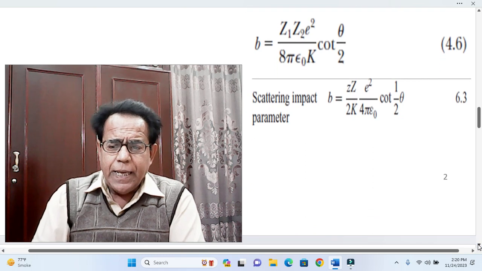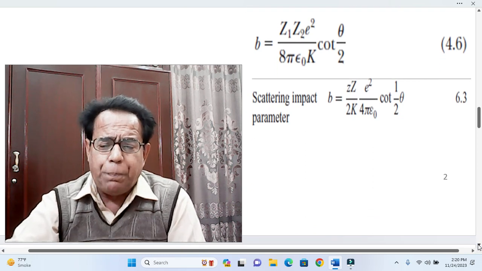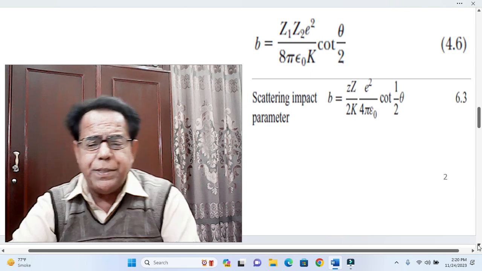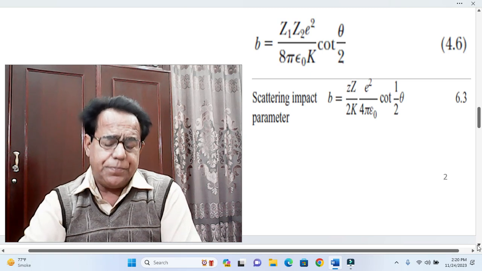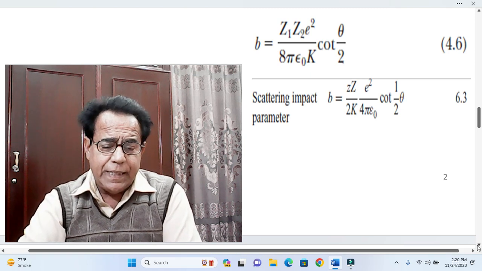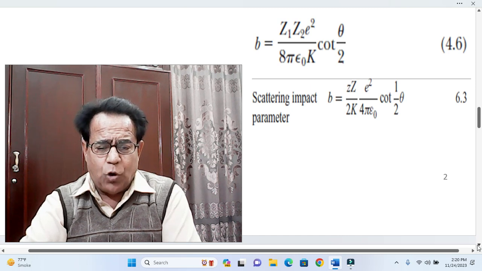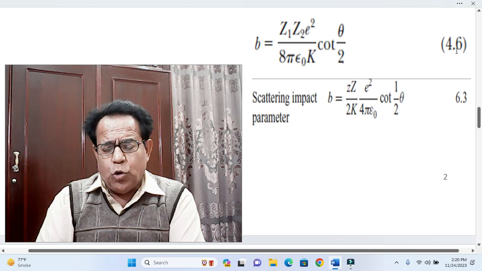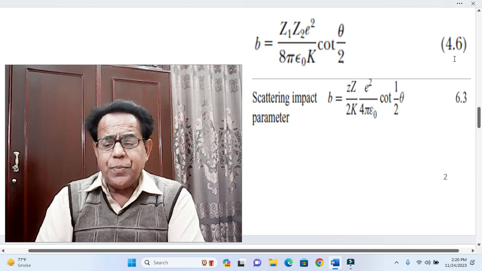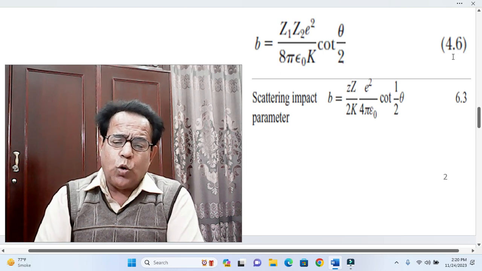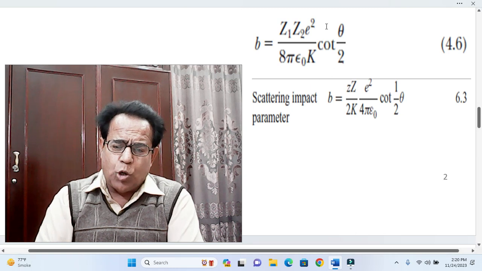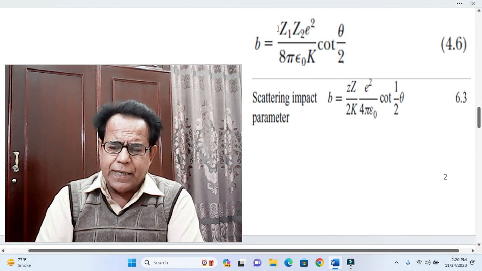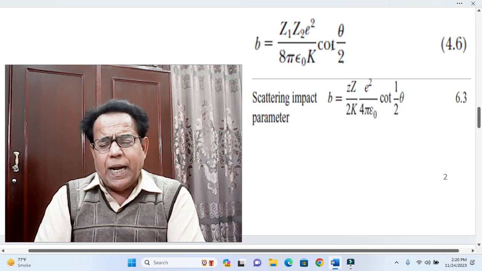Next snapshot, impact parameter b is defined. b is given in mathematical form. This is equation number 4.6. It means chapter number 4 of the book from which this snapshot has been taken.